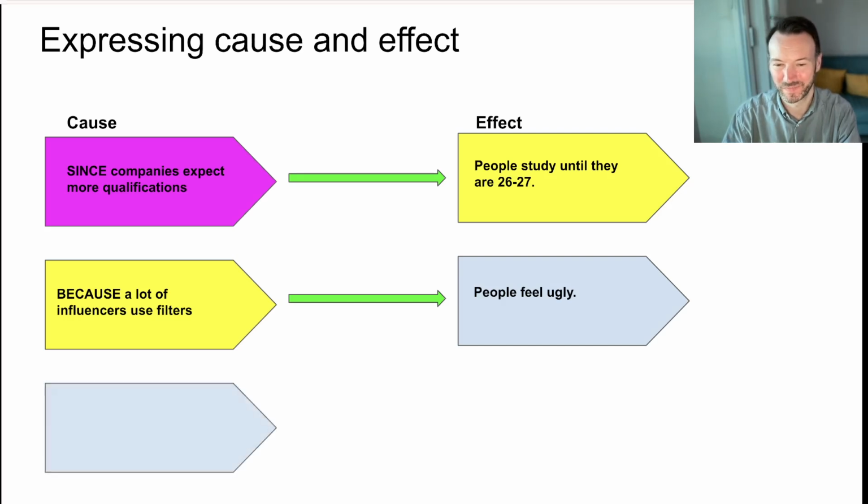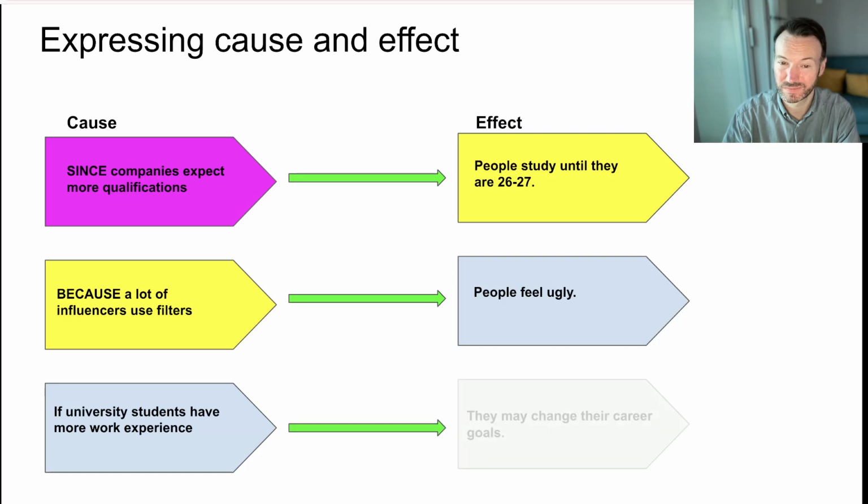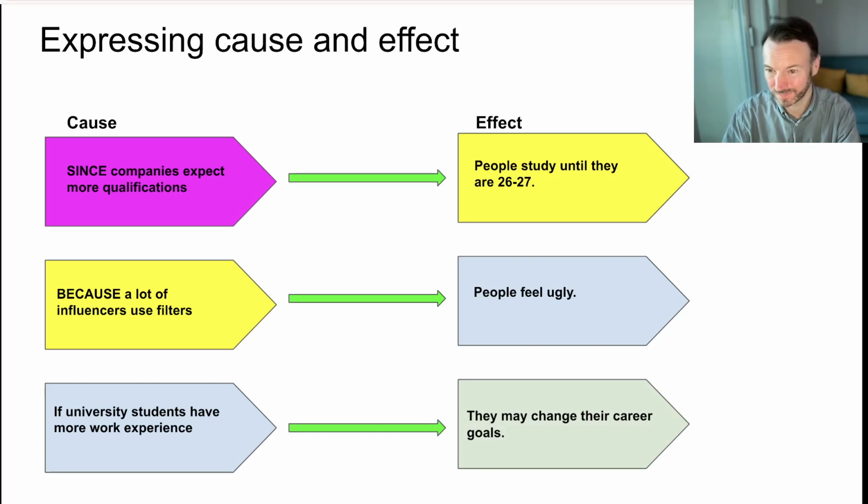All right, let's have one more. So if university students have more work experience, okay, so what is the effect? They may change their career goals. So your intended career, if you actually get experience, you might change your mind.